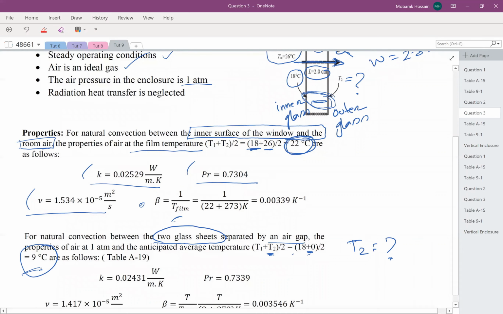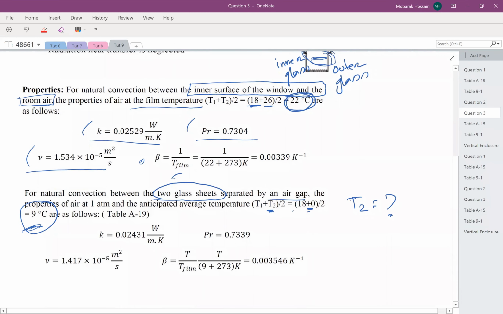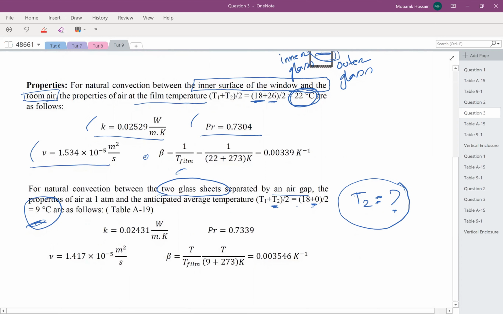Now based on this film temperature, we will collect the properties from the tables. At the end, if we see this T2 is a big number, not close to 0, then we repeat all the calculation. And if we see calculated T2 is close to 0, then we don't need to redo all the calculation.